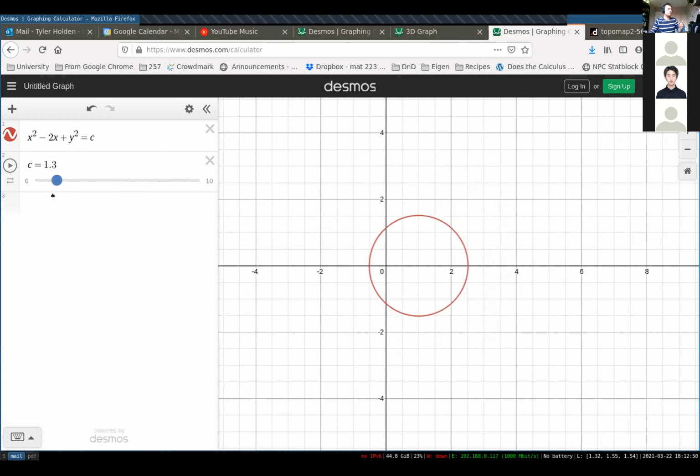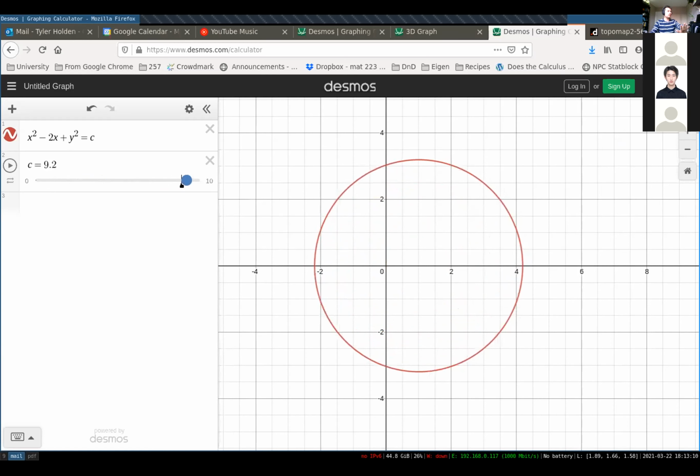And what you can see is exactly what it ends up sweeping out. Do you see this? Can you see the shape that it makes? As c becomes higher, as I move the slider to the right, it's getting closer to you, right? So you can see the shape that it makes by me doing this.